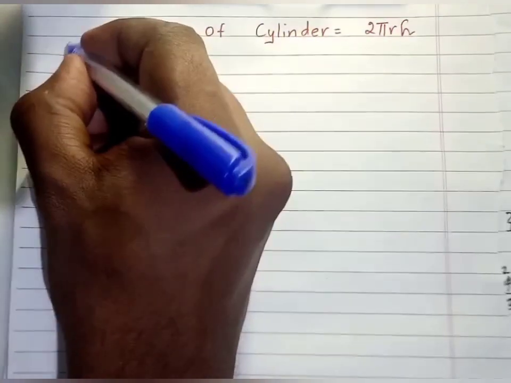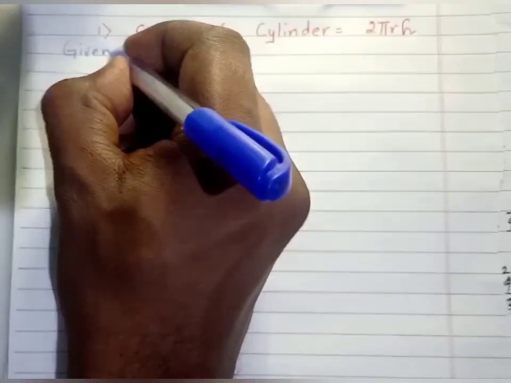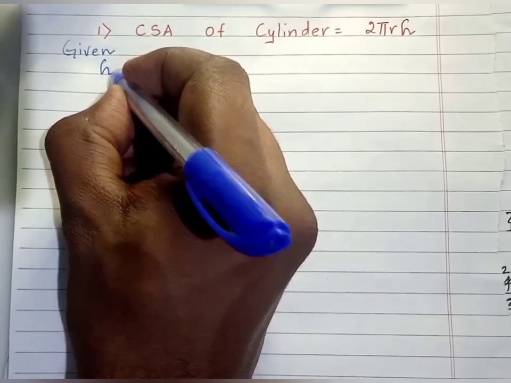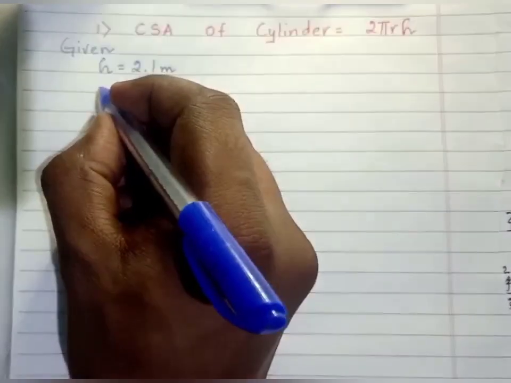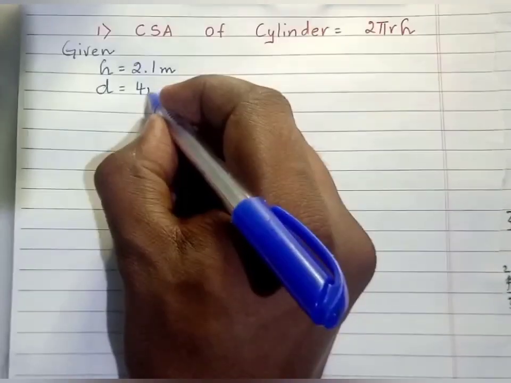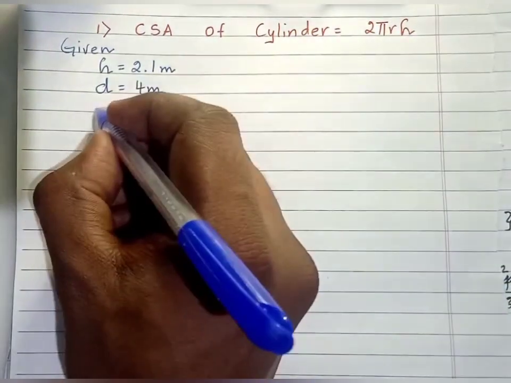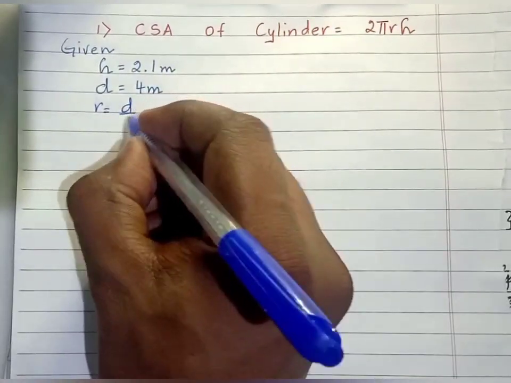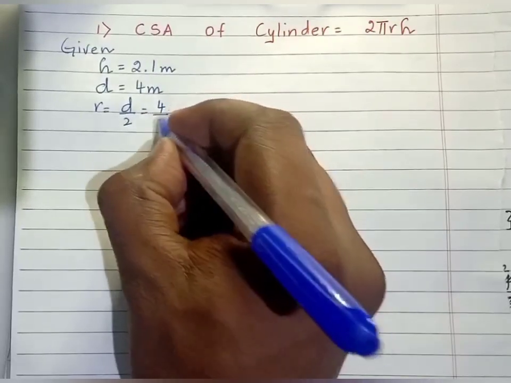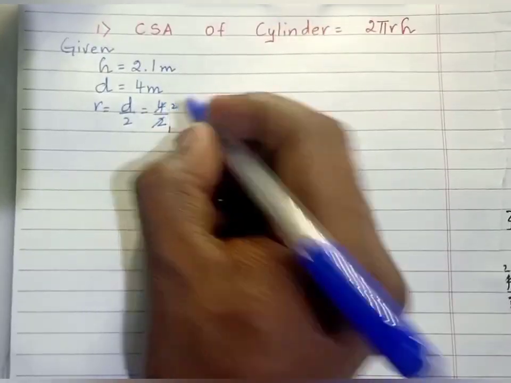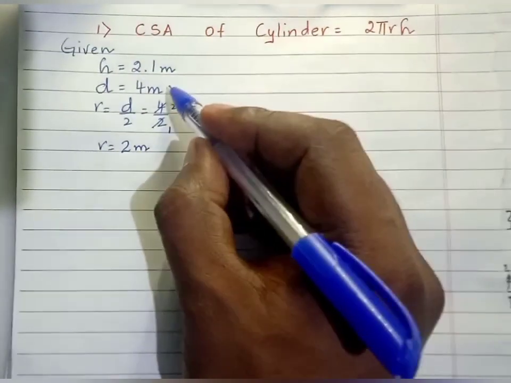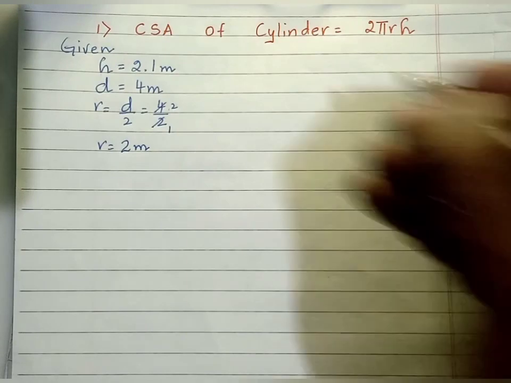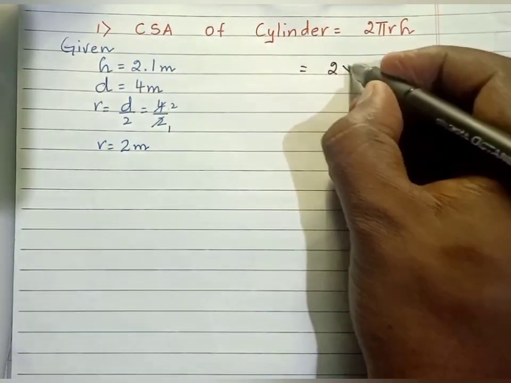Now from the given data, height is 2.1 meters. Now they have given diameter as 4 meters, so I should calculate the radius. So radius equals diameter by 2. That is 4 by 2 will give you 2. So radius equals 2 meters. Now substitute the values. Now 2 into pi.